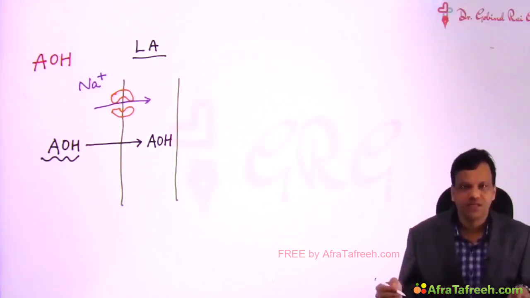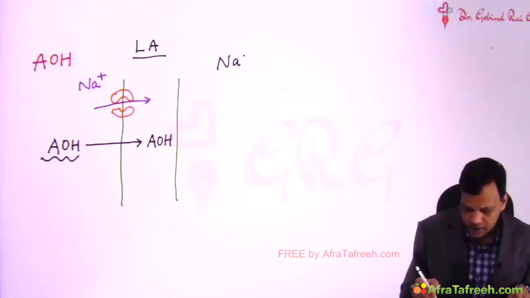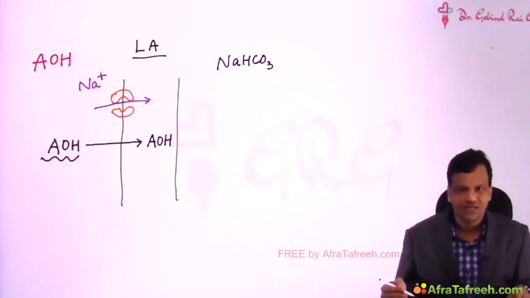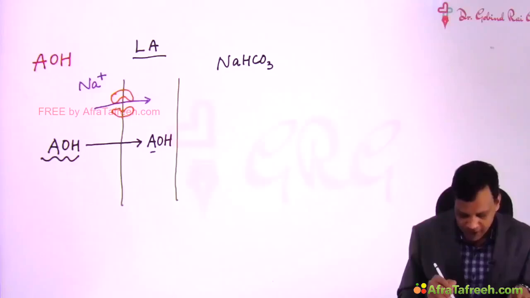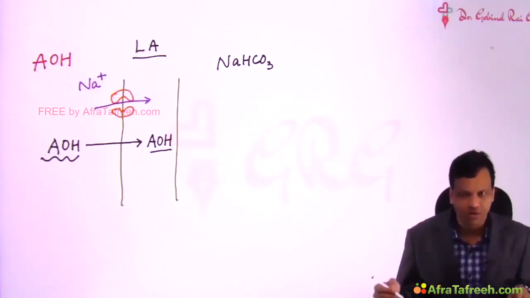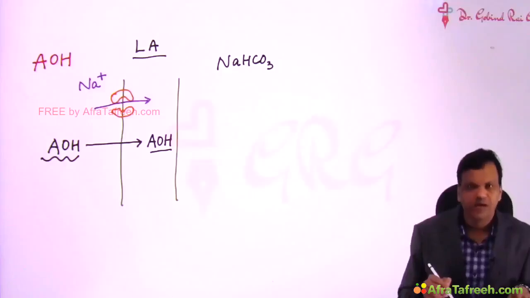So it must be in the basic medium. In basic medium, it can quickly cross the membrane. That's why along with the local anesthetics, we add sodium bicarbonate. That will make the medium basic, so it can easily cross the membrane. After entry inside the axon, the medium inside is acidic. The local anesthetic is basic, the medium is acidic, so it will become ionized.